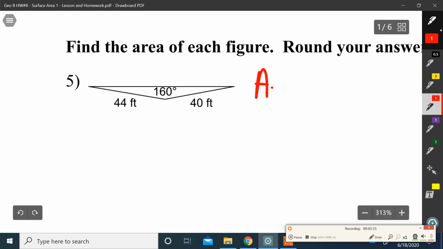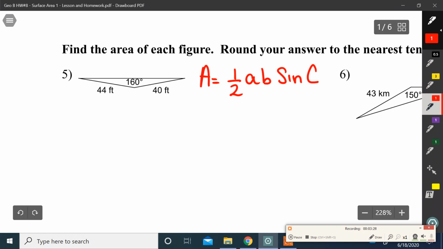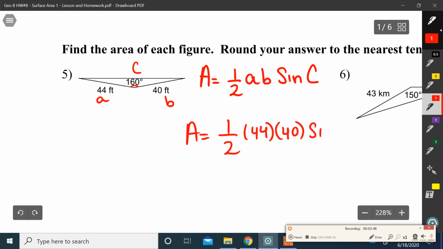There is a formula, if you haven't written it down yet, where you multiply half times a times b times sine of big C. That's a formula that we went through yesterday, where this is the a, this is the b, and this right here is the c. So the area for this one here is going to be a is 44, b is 40, and then we have sine of 160.